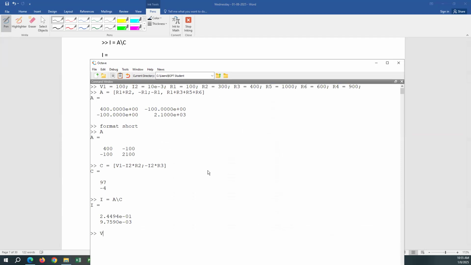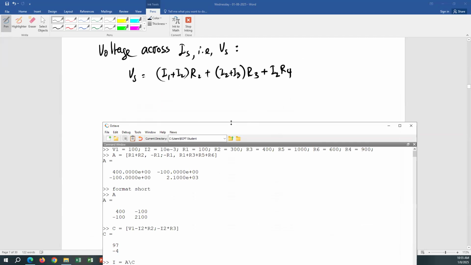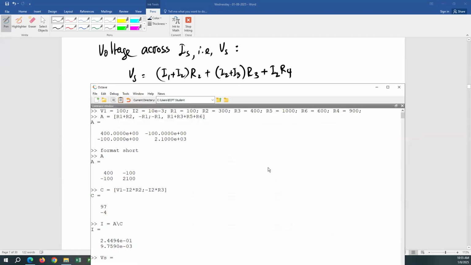So in this case, Vs is going to be I1 plus I2. Oh, let me just first do I1 is equal to I of 1, because I have a vector, and I3 is equal to I of 2. So the second value of I is I3, and the first value of I is I1.